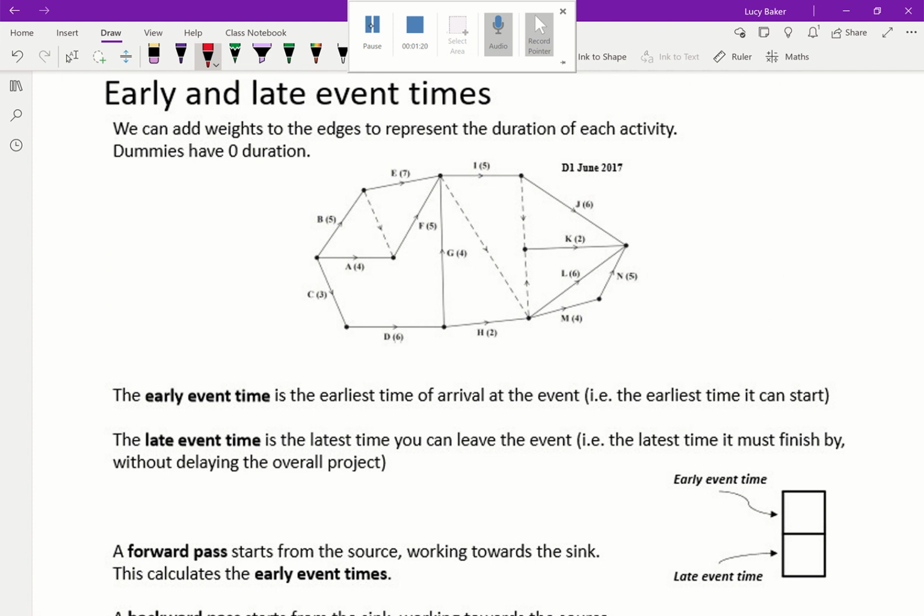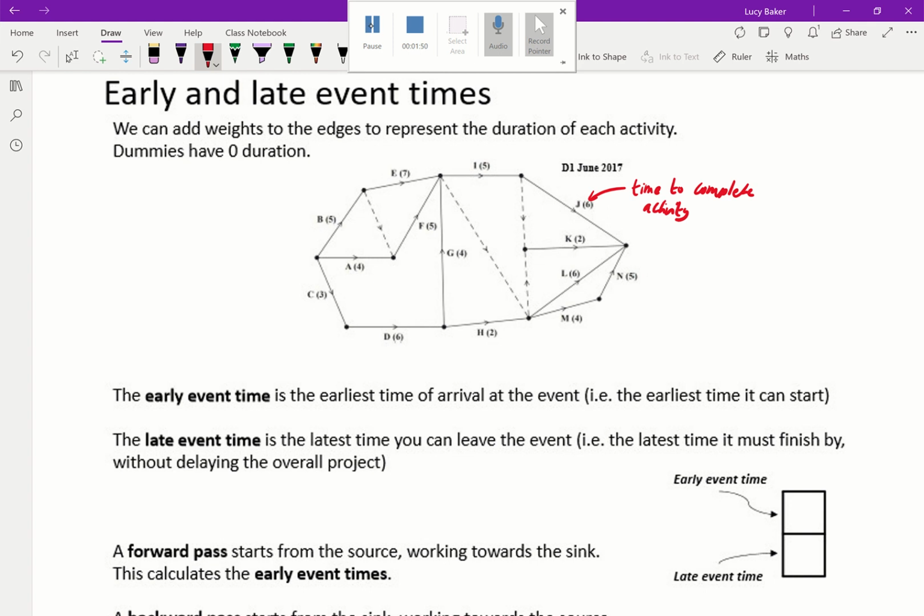Now, in the previous video when we saw the little times in the brackets, I said we're going to talk about these later. So these numbers represent the time to complete the activity. Because of the various interdependencies and the different ways we could do things, we could complete these activities at different times.